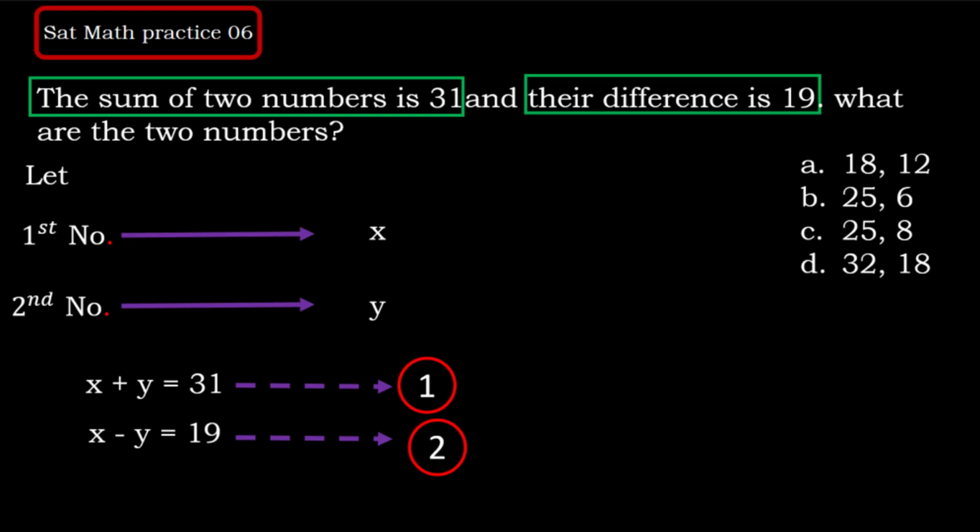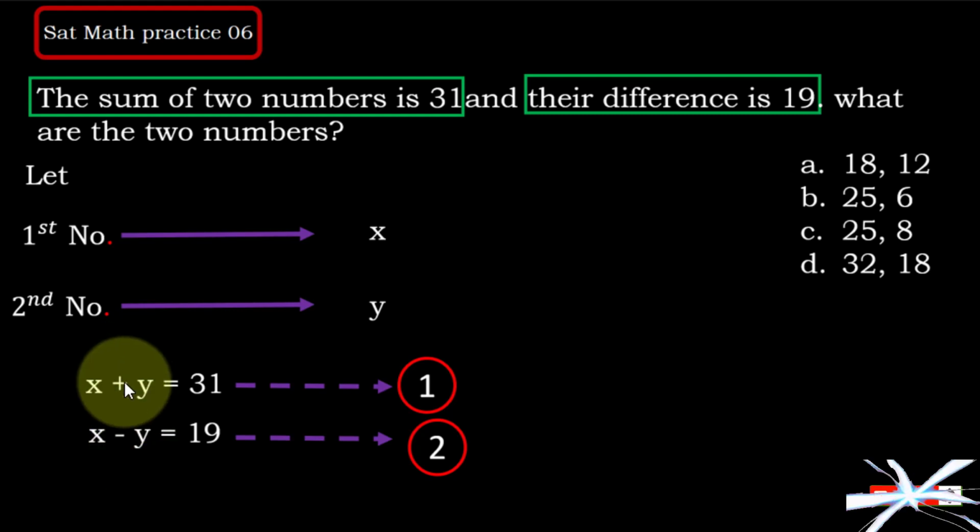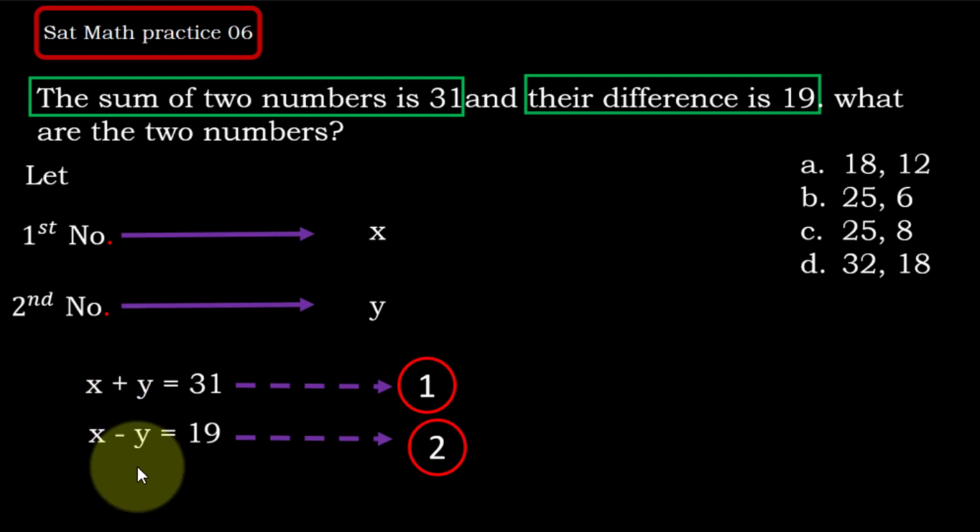How can we solve the two equations? We can solve them by the elimination method. Now we have plus y and negative y, which are additive inverses of each other. If we add the two equations, we will get rid of the variable y and solve for x.